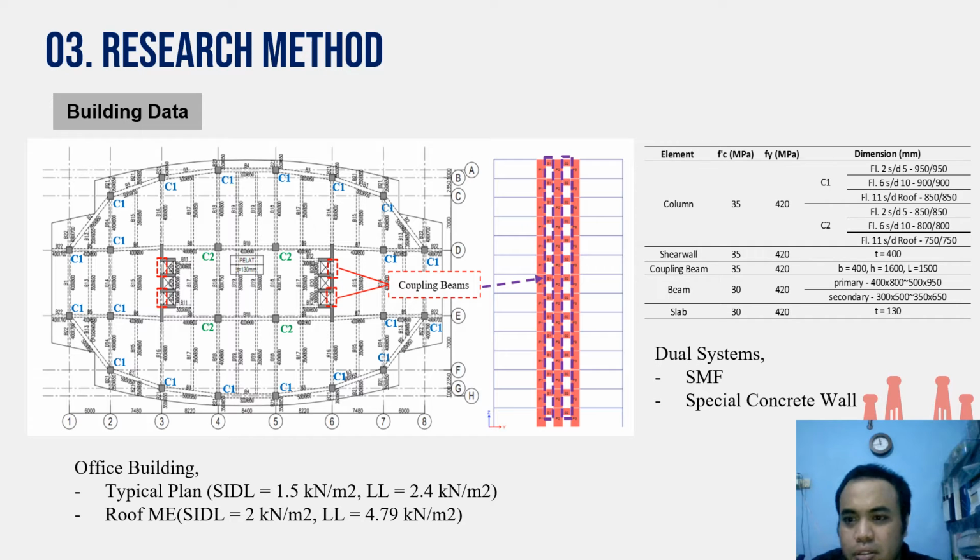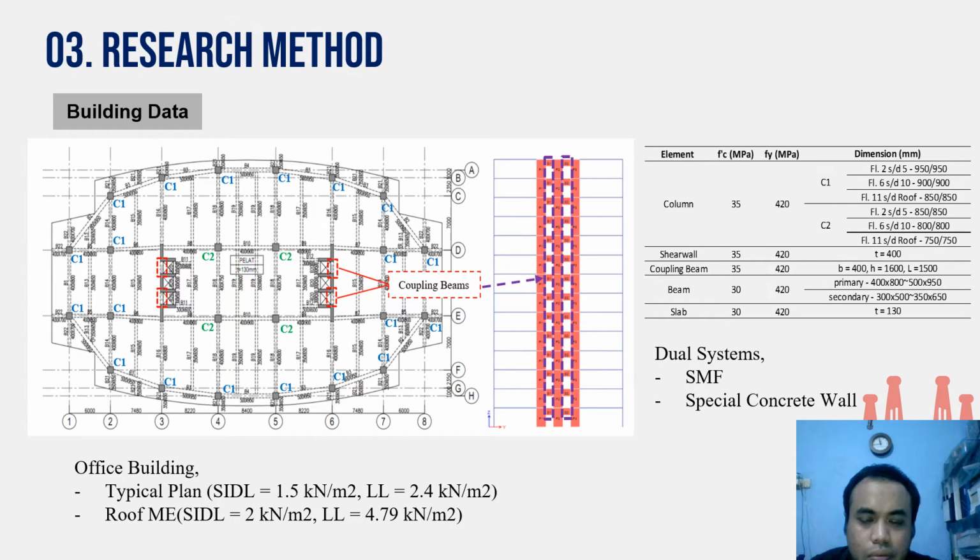We can see the differences from this table, and the thickness of the shear wall uses 400 millimeter, and the coupling beam dimension with height 1.6 meter and length 5.5 meter.